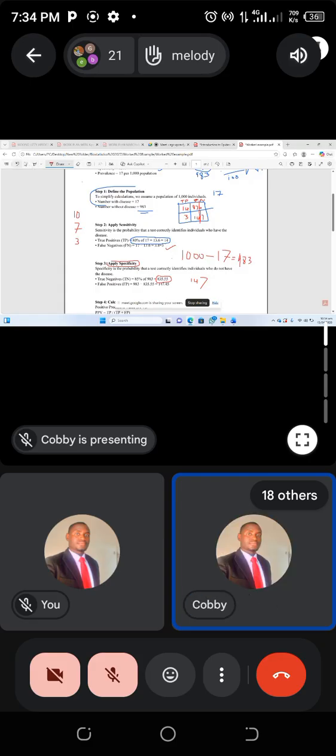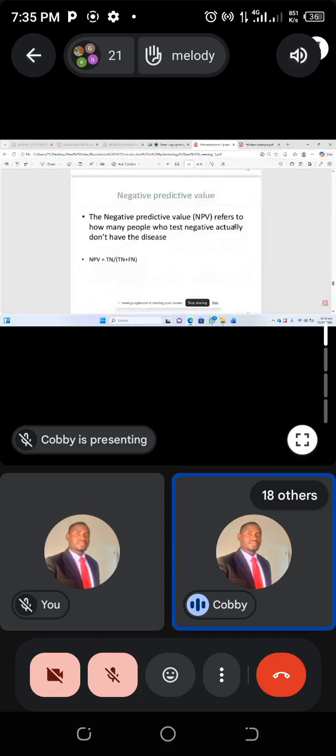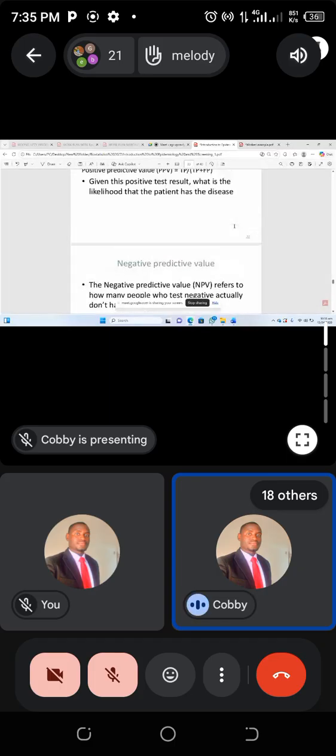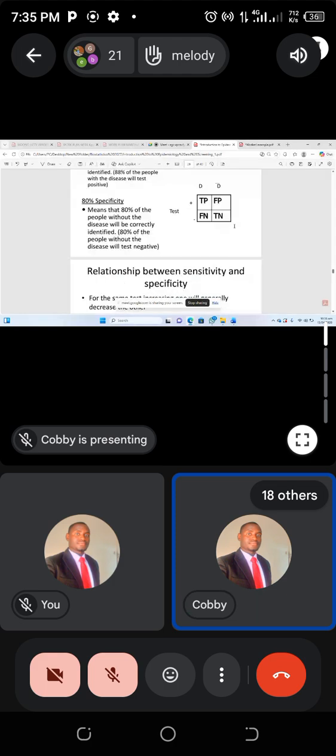Yeah, so let me remove this table here. Or maybe we can use this table which is given here so that we don't get lost. So we have this table.